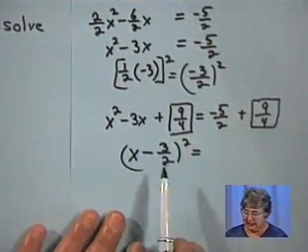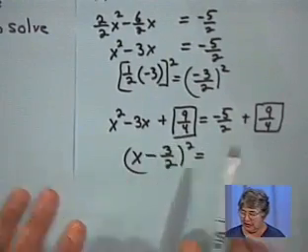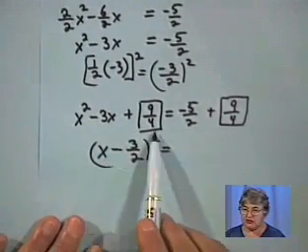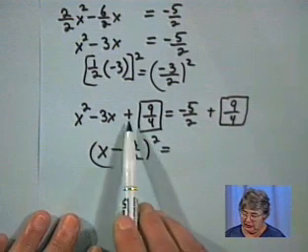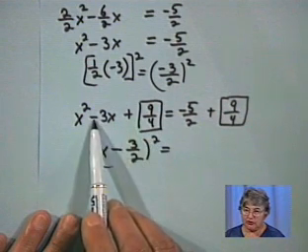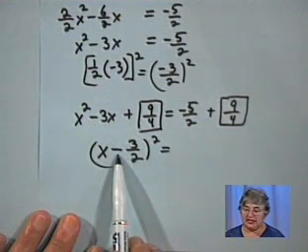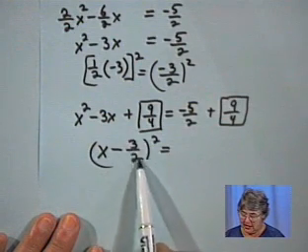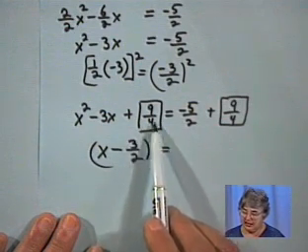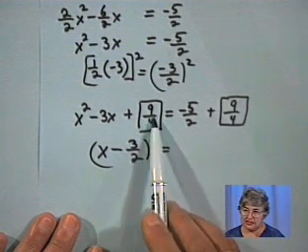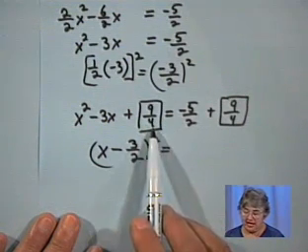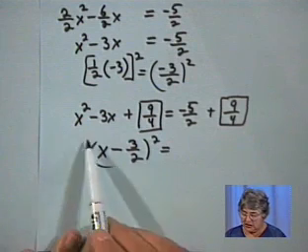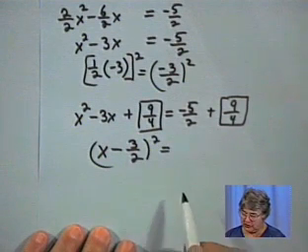I know from what I did before that I am going to end up with an expression which is a perfect square. I know the signs are going to be the same and they're both going to be negative, so I'm going to put the negative right here. And the way you should be thinking about this is to say, what number squared gives 9/4? In this case, it's 3/2, so that when I square 3/2, I end up with 9/4. So the left-hand side is now a perfect square.